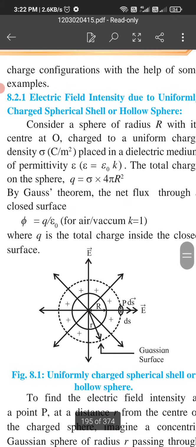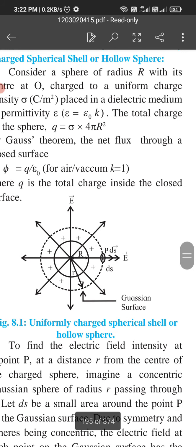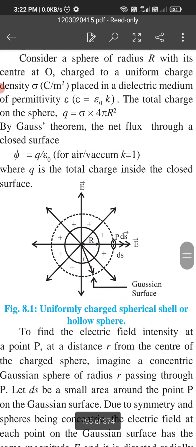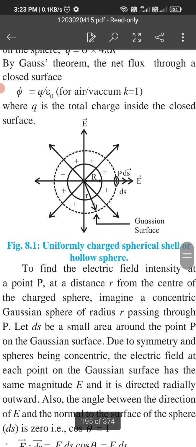To find the electric field intensity at point P at a distance small r from the center of the sphere, imagine a concentric Gaussian sphere of radius r passing through P. Let ds be the small area around the point P. Due to symmetry and the spheres being concentric, the electric field at every point on the Gaussian surface has the same magnitude, capital E, and it is radially directed outward.